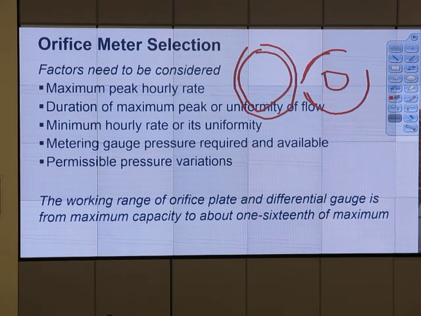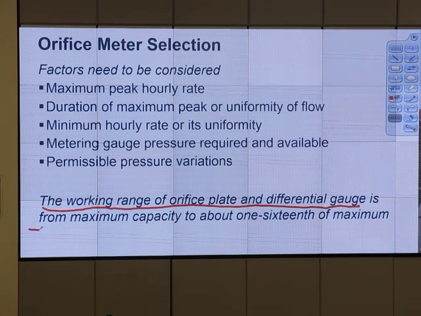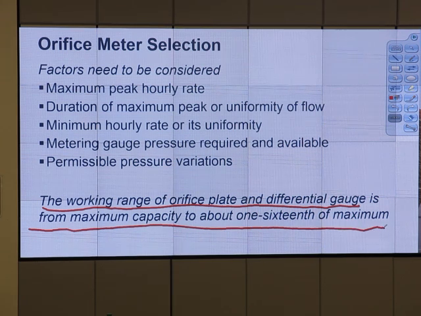Okay, that's what it is. The working range of the orifice plate and differential gauge is from maximum capacity to about 1/16 of maximum. That's what we want to keep in mind, okay? So if you have a very slow flow rate, like 1% of the range, it may not detect anything.